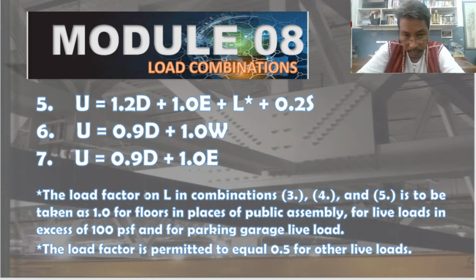We have the explanation here. The load factor on L in combinations 3, 4, and 5 is to be taken as 1 for floors in places of public assembly, for live loads in excess of 100 pounds per square foot, and for parking garage live load. Those are the conditions for this asterisk.